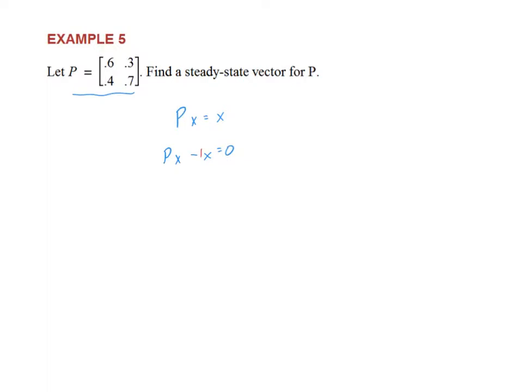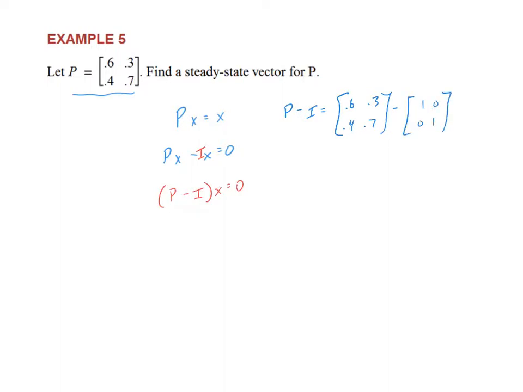Put an I in front of my x vector so that I can factor x out and ultimately solve this homogeneous system. So before we can set up our matrix to get it into row echelon form, or reduced row echelon form, we need P minus I. The P matrix, 0.6, 0.3, 0.4, 0.7, minus the identity, 1, 0, 0, 1, right?